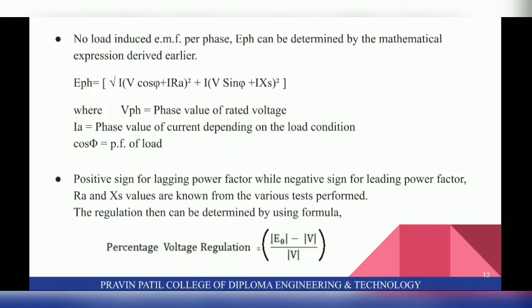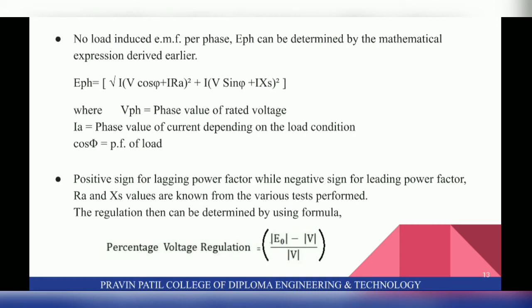No load induced EMF per phase, EPH, can be determined by the mathematical expression derived earlier. So EPH is equal to the root of (V cos phi plus I RA) square plus (V sin phi plus I XS) square, where V is the phase value of rated voltage and I is the phase value of current depending on the load condition.